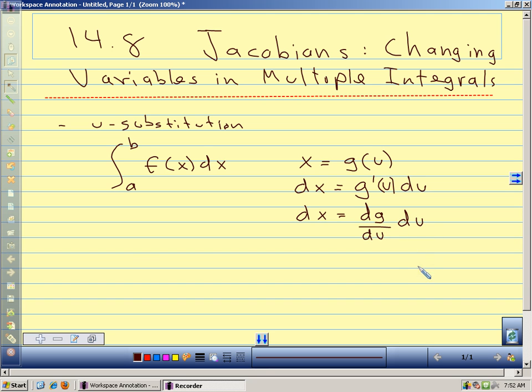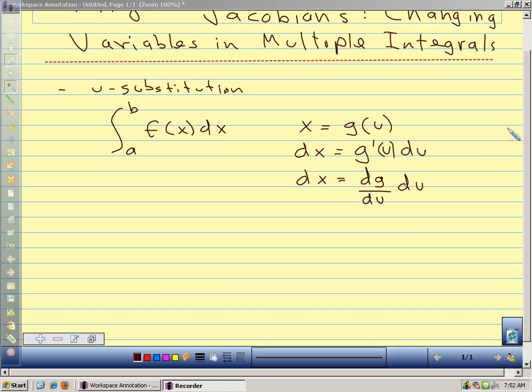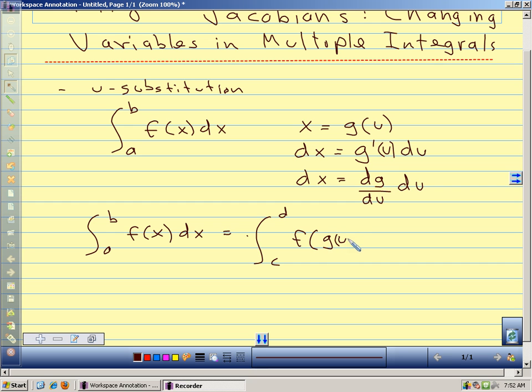And if we put this back into our original integral, the integral from a to b of f of x dx becomes, after we change our variables, the integral from c to d of f of g of u times dg/du du.